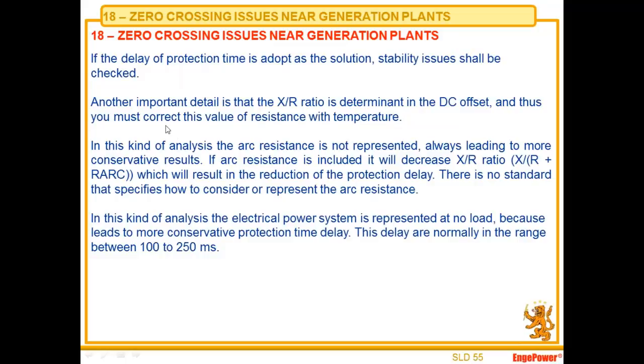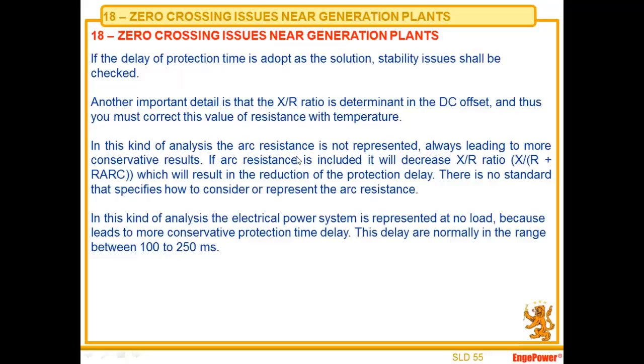But when performing this analysis, the X over R ratio is the determinant in the DC offset. So you must correct this value of resistance with temperature, because you have a more actual value compared with the calculated value.